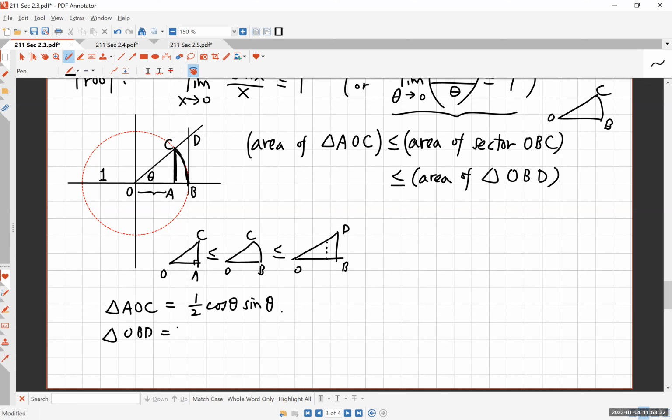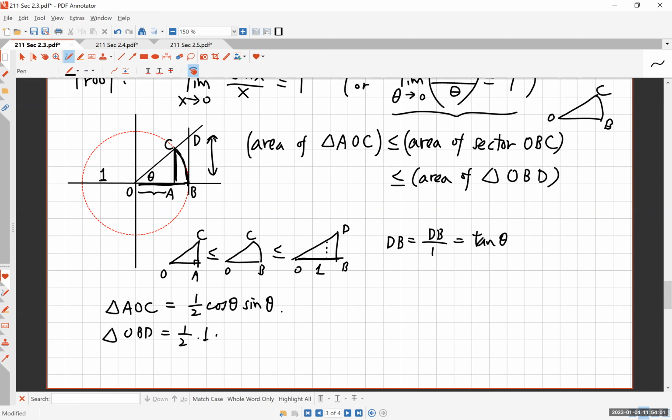Okay. Now, OBD is an interesting one because it's 1/2, right? And what is OB? Well, OB is actually the radius of this unit circle. That's 1. Okay. Now, what is DB? You notice here, DB can be written as DB over 1, right? DB over 1 is the tangent of theta. Why is this a tangent?